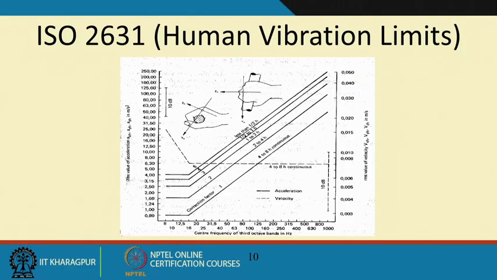Now, I did mention in your earlier classes what is the limit of these vibration levels and why at all we measure these vibrations. One, of course, is to find out the defects in a machine by the signature analysis of the measured vibrations.